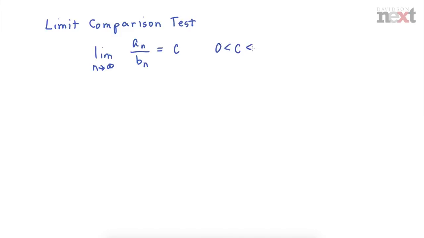If that ratio is some constant that's not 0, then the two series behave the same way. So if the b sub n's series converged, so would our series of a sub n's. And likewise, if the b sub n's diverged, so would our series of a sub n's.